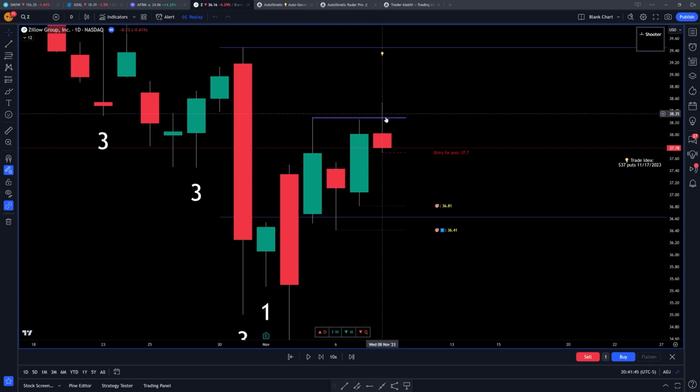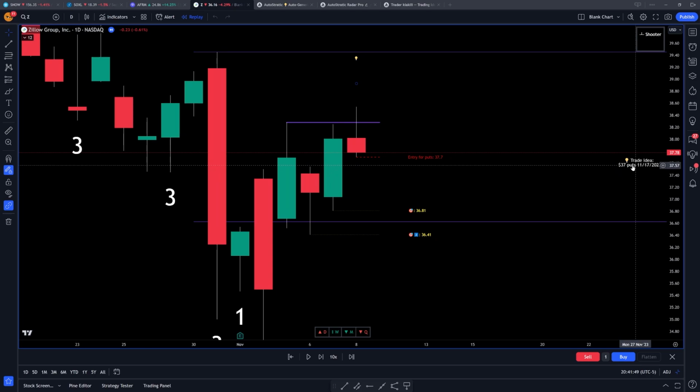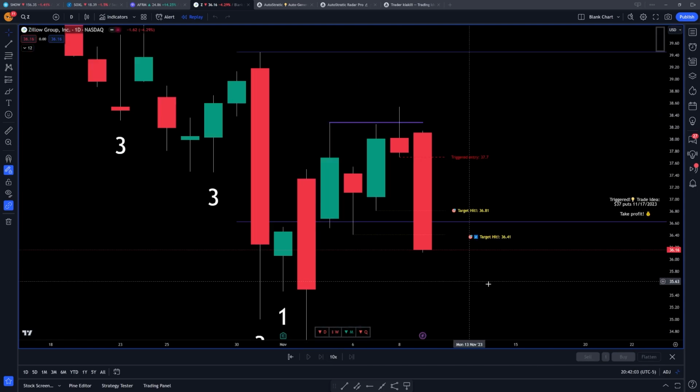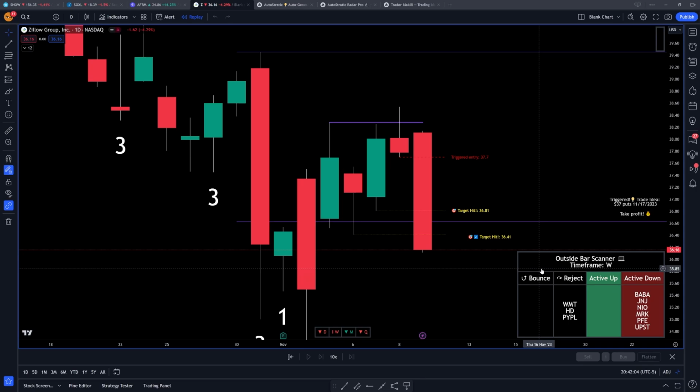So when Z turned around, it then generated a different trade to replace that call that had already worked and hit the target. So it generated a call to hit the target, could have played that, generated a put, boom.